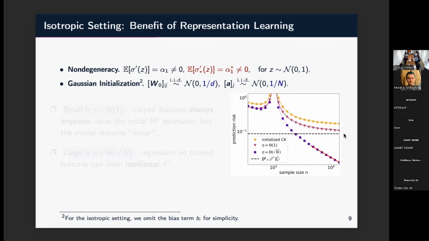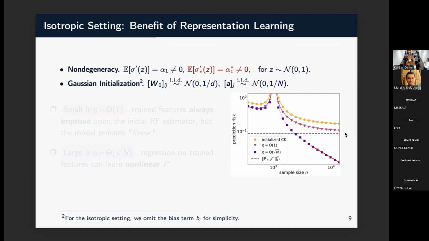And then if you train your features, with a two-layer neural network with a small learning rate, that is this middle curve, the purple, maybe pink, maybe magenta one here. You see it improves the risk if you train with a small learning rate, but it's not able to go below the kernel lower bound.